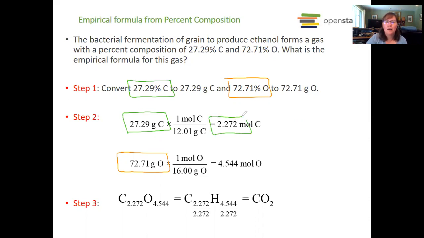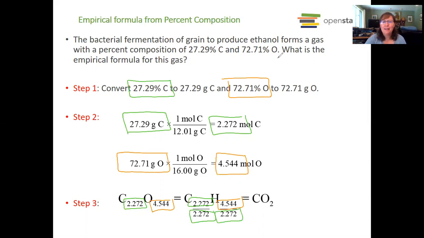Okay, now again, we take these and you can see where they go here. So here you have that 2.272 for the carbon, and the 4.544 goes here, and that doesn't look right. So you divide both the 4.544 and the 2.272 by the smallest, which is 2.272.